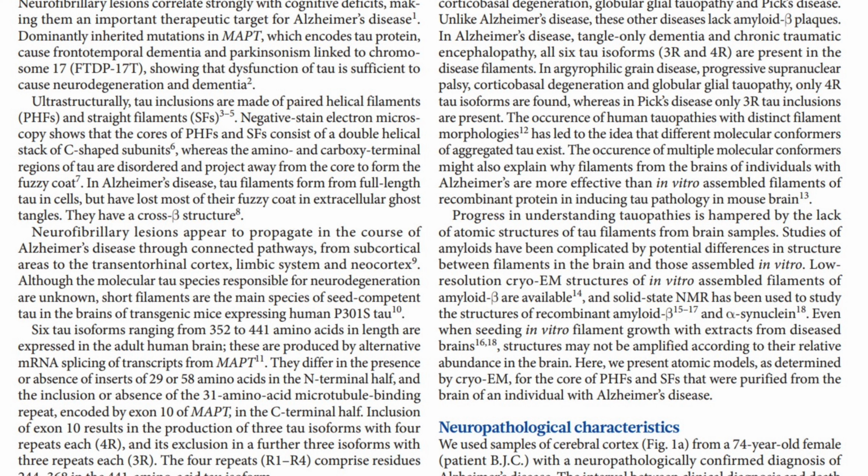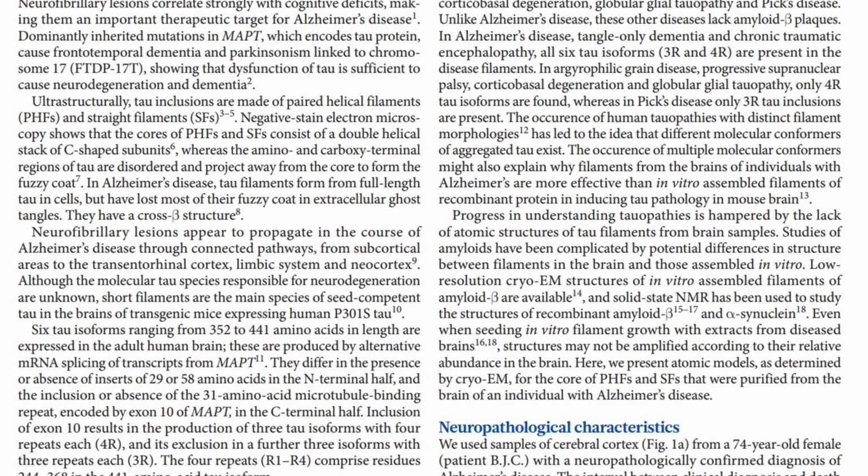Multiple molecular conformers may also explain why AD brain-derived filaments are more effective than in vitro assembled filaments of recombinant protein in inducing tau pathology in mouse brain. Progress in understanding tauopathies is hampered by the lack of atomic structures of tau filaments from brain. Studies of amyloids are complicated by potential differences in structure between filaments in the brain and those assembled in vitro.